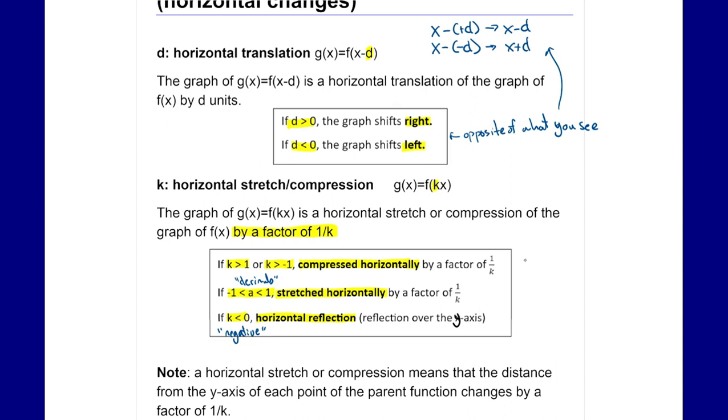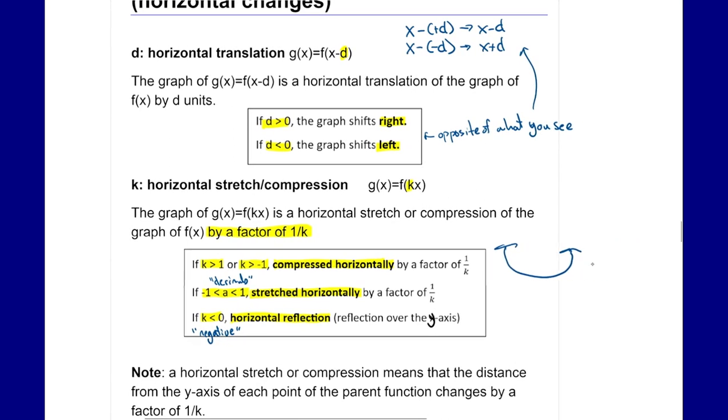So for what this might look like, if I draw my base function, I'll stick with the quadratic because that was our first one. Horizontal stretch would be something like this. So this would be a stretch, making it wider horizontally. Compression would be taking it and bringing it in.